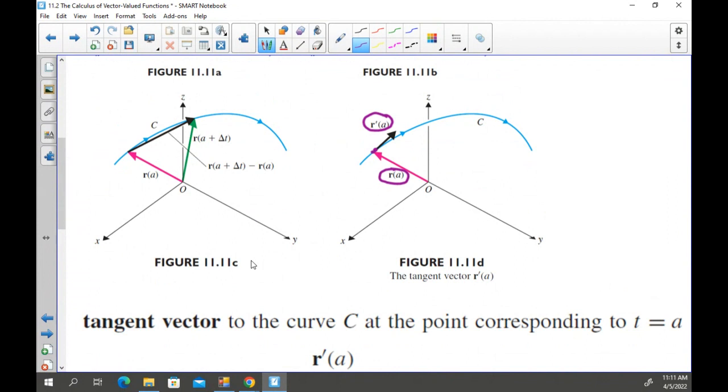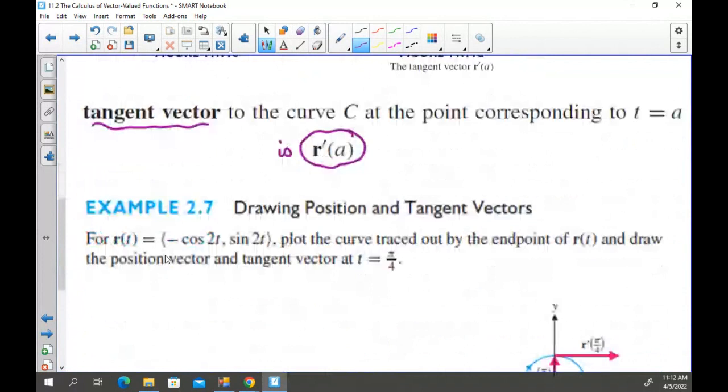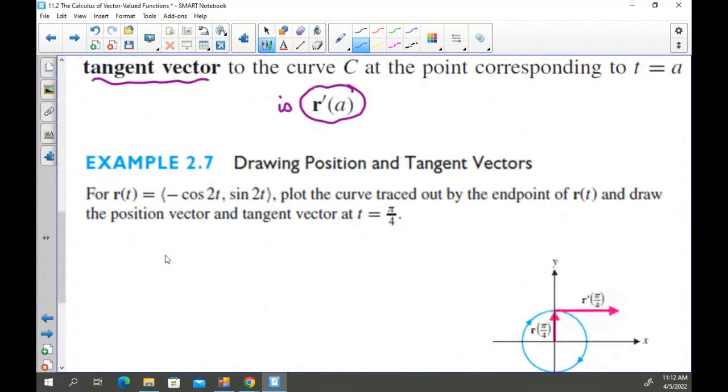So R dash is the tangent vector. So the tangent vector to the curve C at the point corresponding to t equal A is R dash of A.